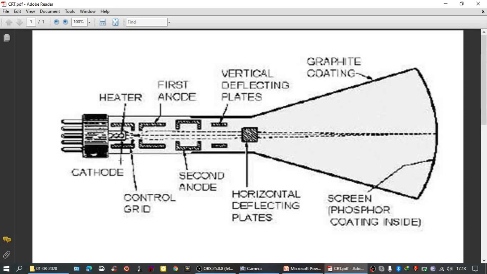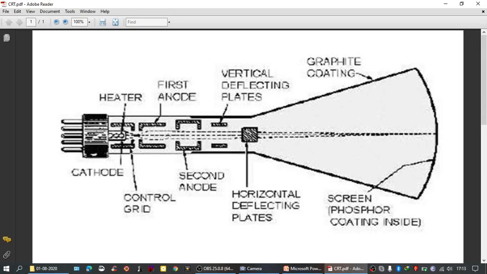Then, when voltage is applied to the CRT, the heater will heat the cathode. As a result, cathode will emit electrons, and these electrons are allowed to pass through the small hole in the control grid.